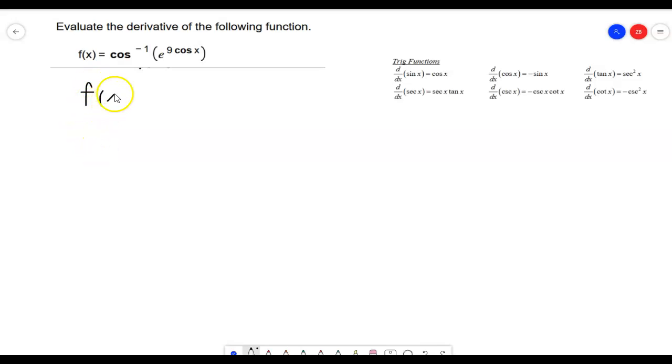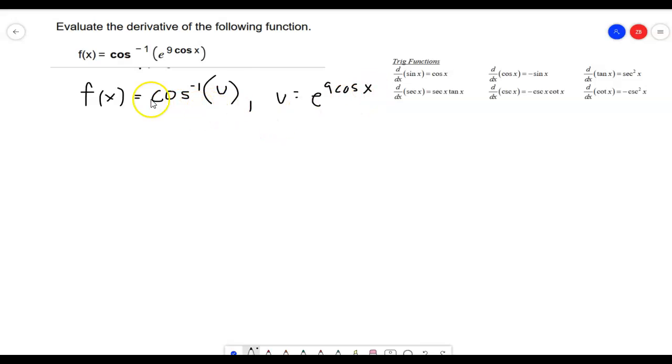Can I write this as f of x is equal to one function inside another function? And I really can, right? Because this is really just the inverse cosine of some u, where u is equal to e to the 9 cosine of x.